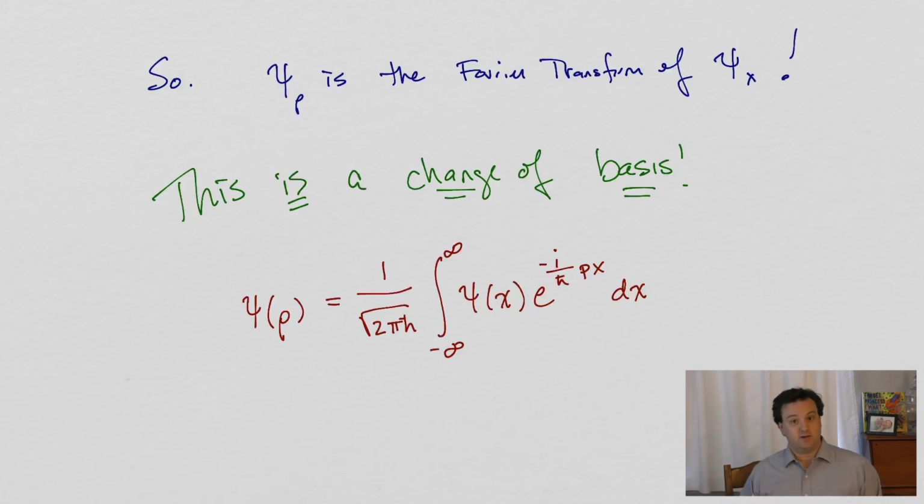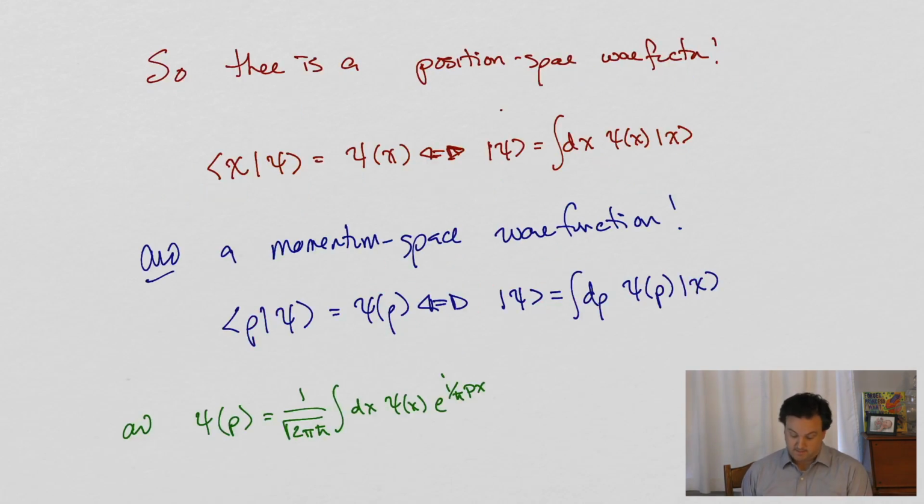And the Fourier transform serves as the translation between those two things. And so when I write all of these things out, I know that projecting the state psi onto the x states is going to give me the position space eigenfunction, the position space wave function. If I project psi onto the momentum states, that gives me the momentum space wave function.